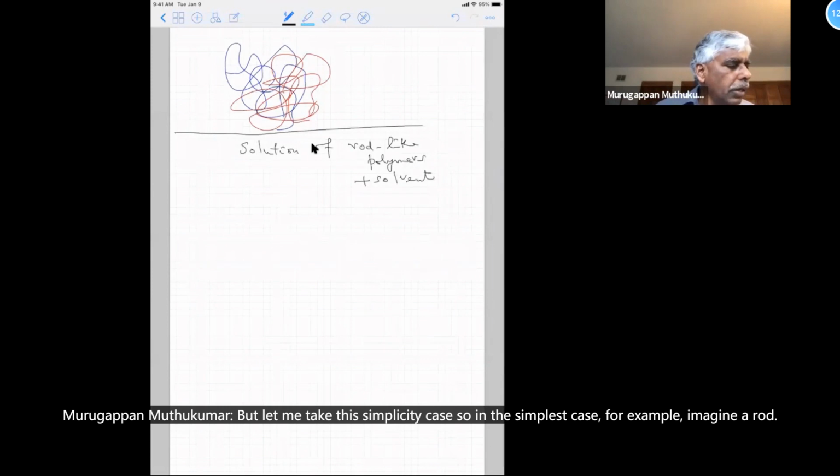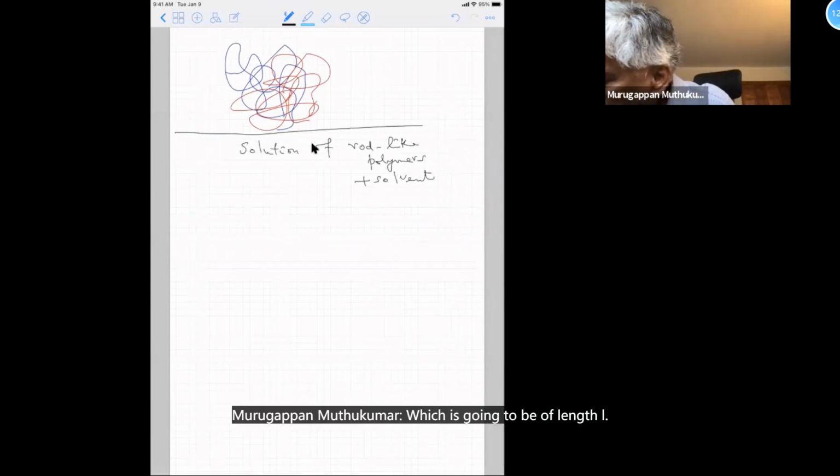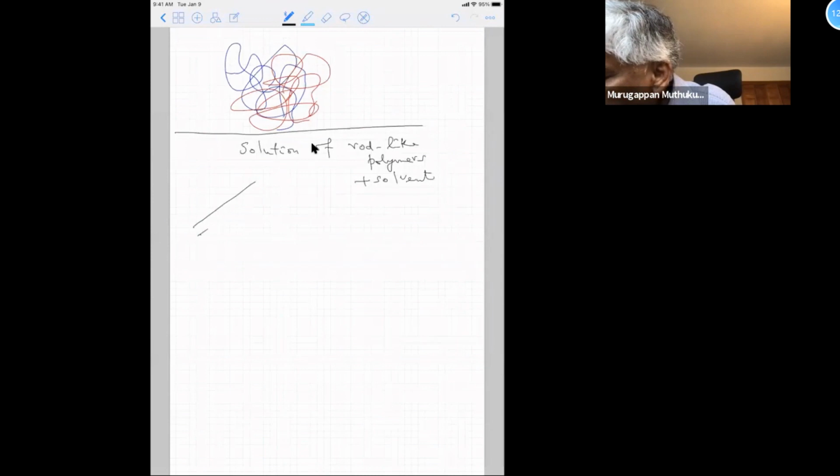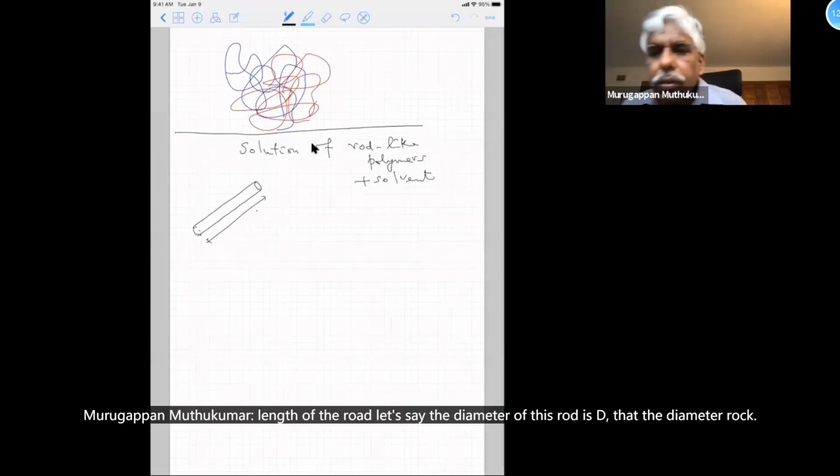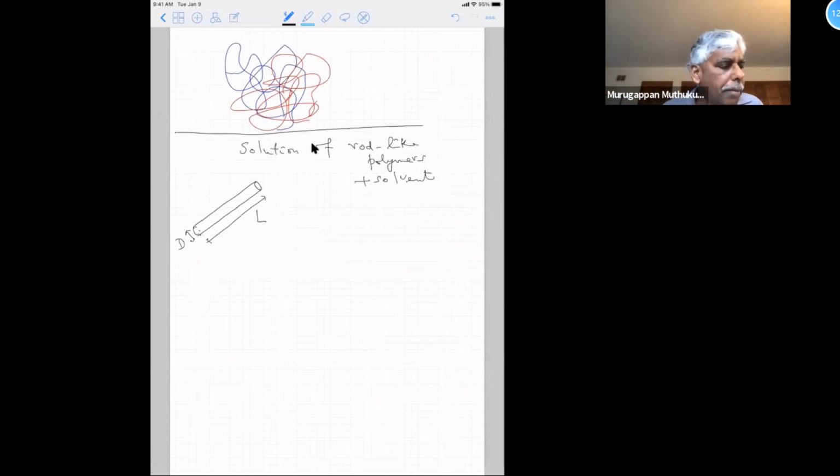So in the simplistic case, for example, imagine a rod which is going to be of length L. This length is L, the length of the rod. Let's say the diameter of this rod is D. That's the diameter of the rod.